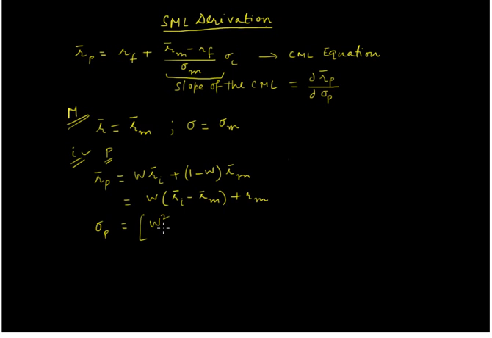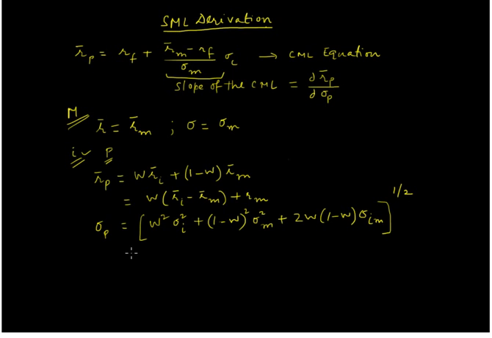W squared, which is the weight that we place on the asset I, multiplied by the variance of I, plus the weight that we place on the market portfolio M, (1 minus W) squared, times the variance of the market, plus 2 times W times 1 minus W times the covariance between this new asset I and our market portfolio M. And because we are writing the standard deviation, we take a square root.